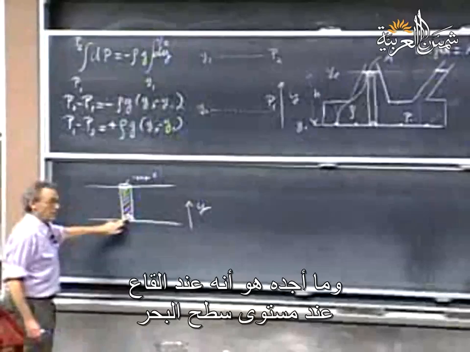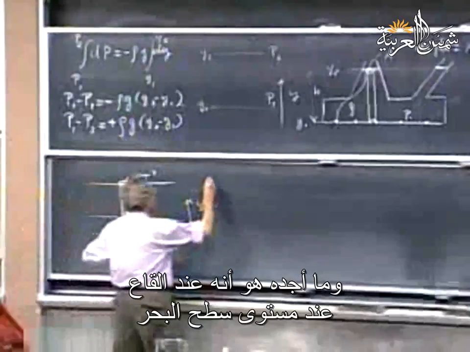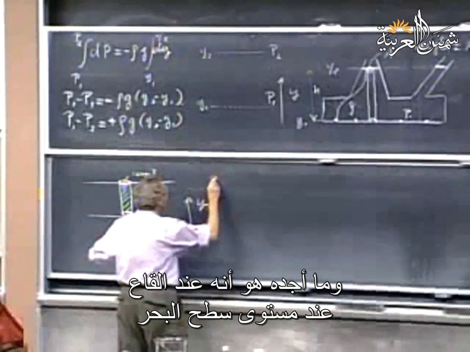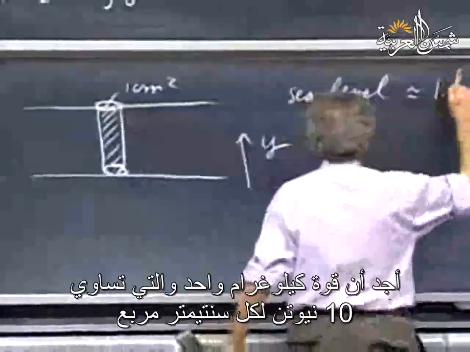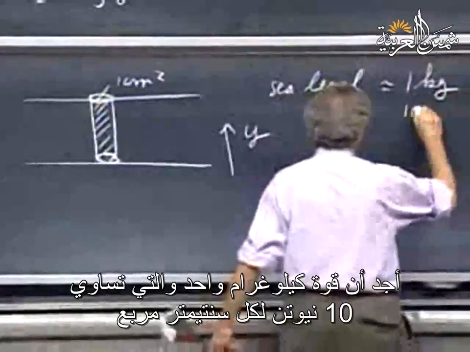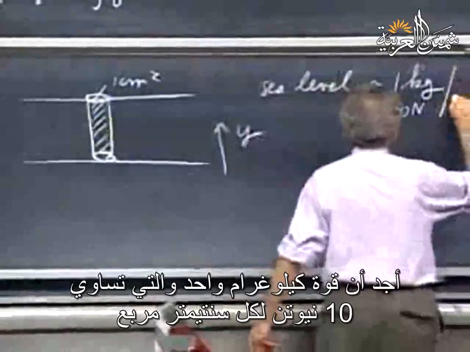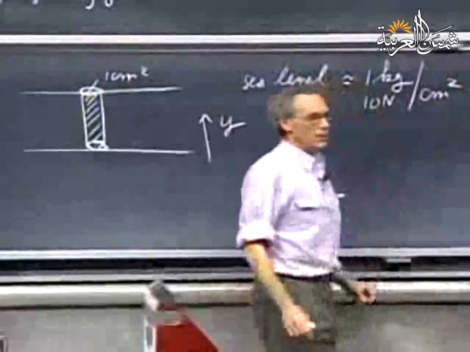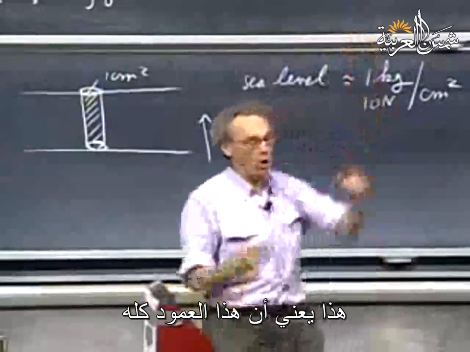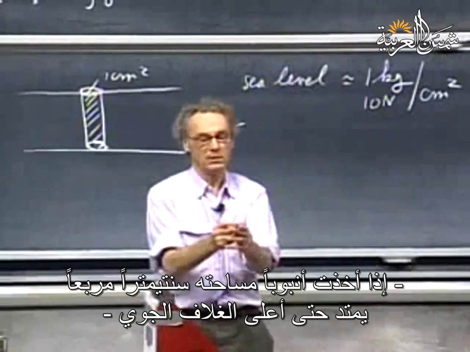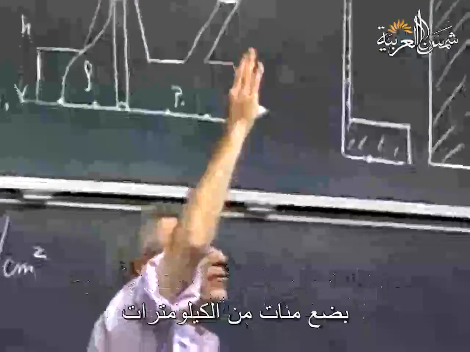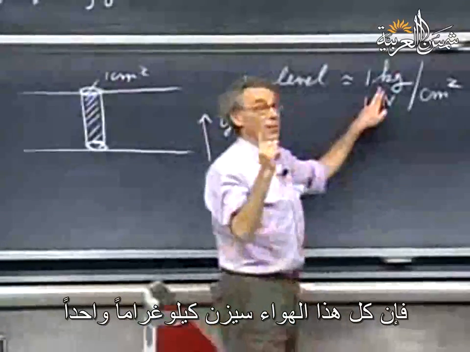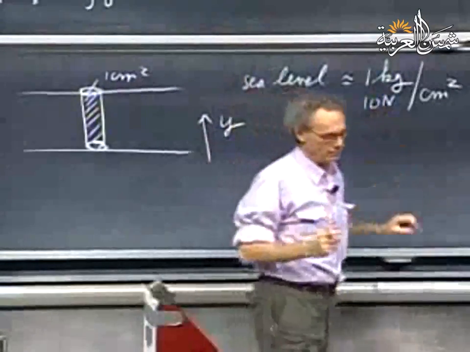And what I find then, at the bottom, at sea level, I find roughly 1 kilogram force, which is 10 newtons, per square centimeter. It means then that this whole column, if I take a 1 square centimeter tubing all the way to the top of the atmosphere, a few hundred kilometers, that would weigh 1 kilogram only, all that air.